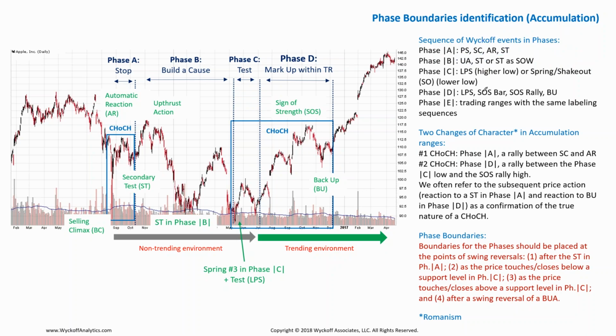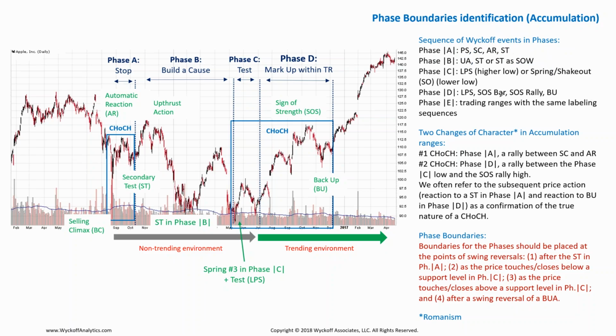In the instances when the price is going to overcome the resistance, we're going to say that we're looking at the upthrust action. Sometimes I label it as upthrust action like this, UTA. And then if we're going to have a lower low, then we're going to label it as a secondary test, as a sign of weakness, as a minor sign of weakness, actually.